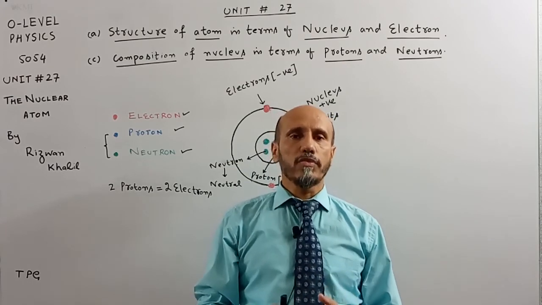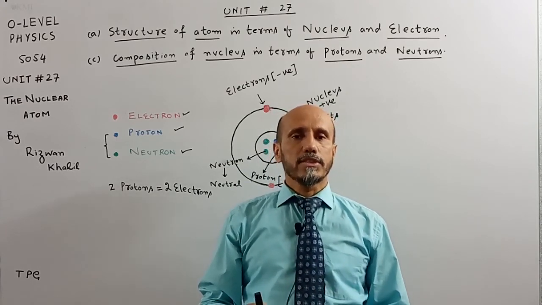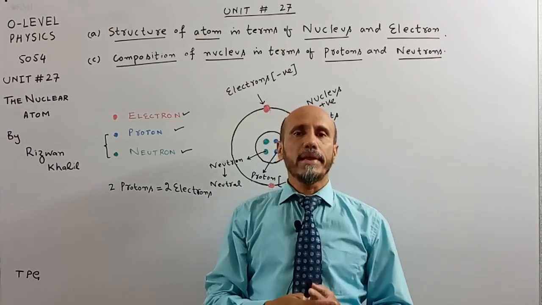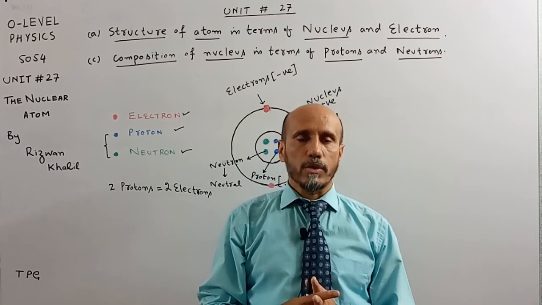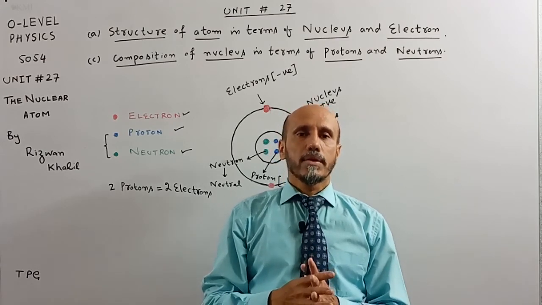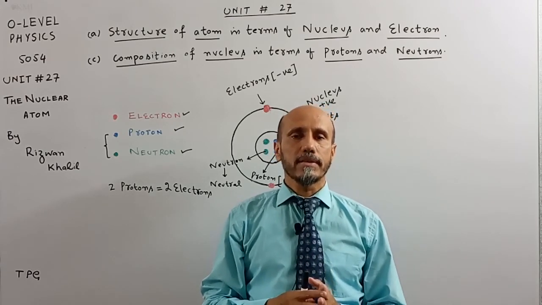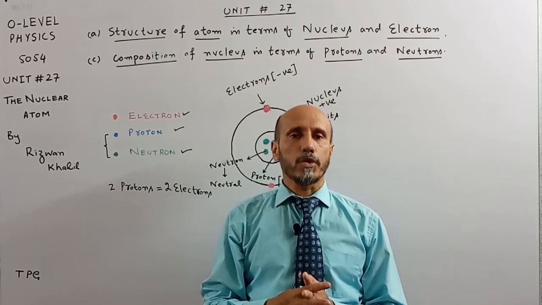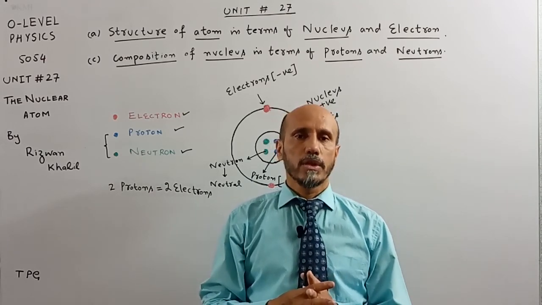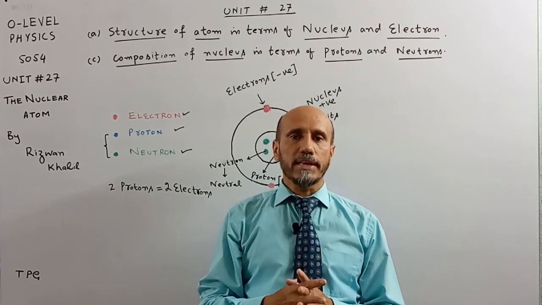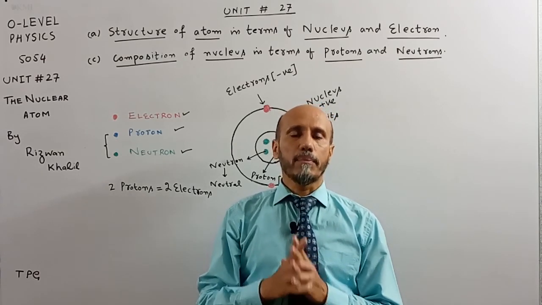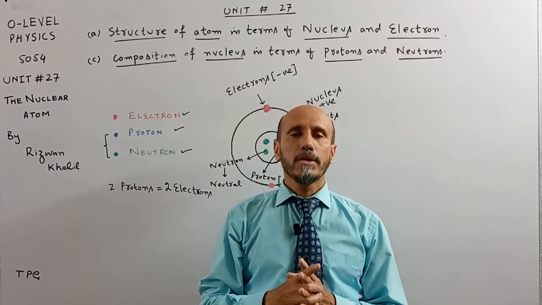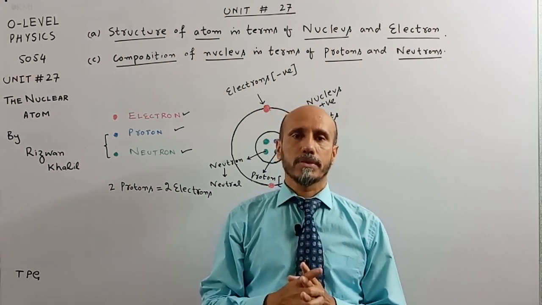The structure of the nucleus is simple as well: the nucleus consists of two types of particles which reside inside it, and those particles are protons and neutrons. Protons carry positive charge and neutrons are neutral, and the number of protons is equal to the number of electrons.